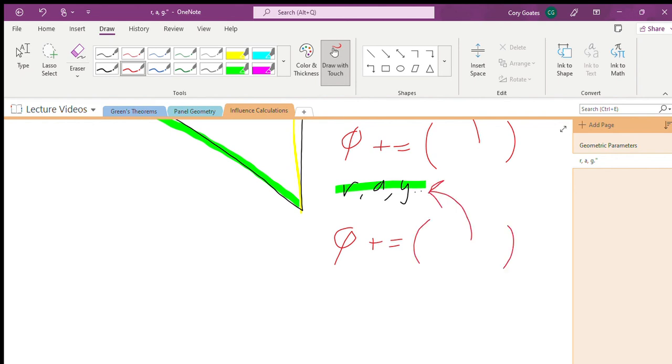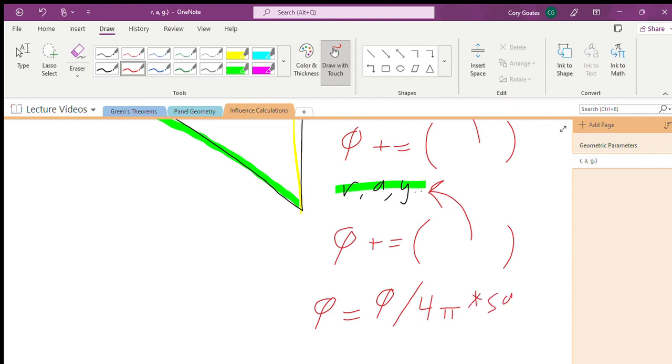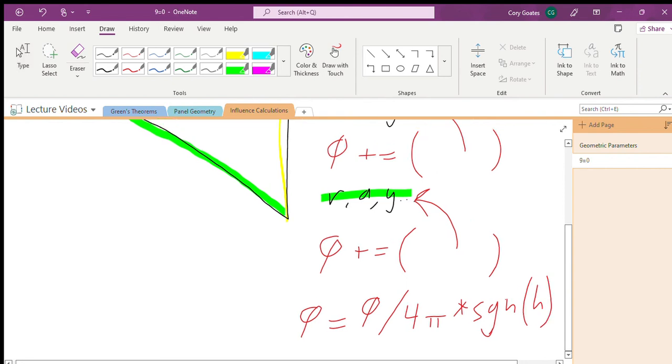And then depending on which calculation you're doing, you're probably going to end up outside of your loop doing phi equals phi divided by 4 pi, which is included in both of these. If you're doing an influence calculation, then you're going to need to multiply by the sine of h. That's all in the formulas that's in your project description.